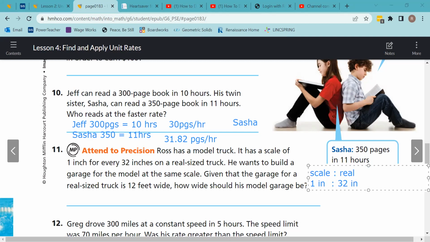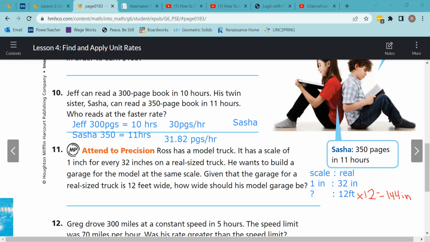The garage is 12 feet wide, so we need to figure out the model, and we're going 12 feet. We have to do some converting here because we've got inches and feet, so that gets slightly complicated. But if we take that 12 feet times the 12 inches in a foot, we know that this is really 144 inches.